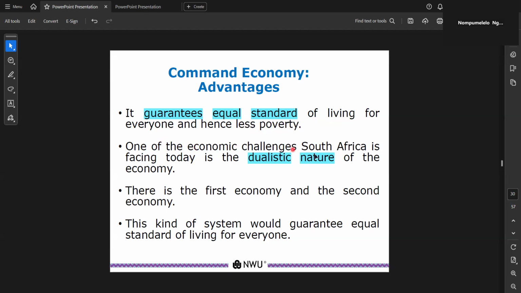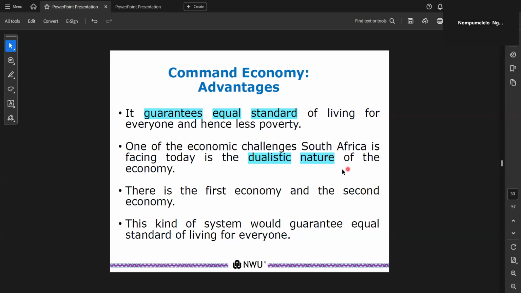And then one of the economic challenges South Africa is facing today is the dualistic nature. Dualistic nature basically means that we have wealthy people living in developed areas, or rather wealthy people living in cities, and then we also have poor people living in rural areas.